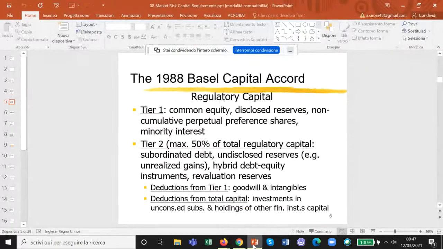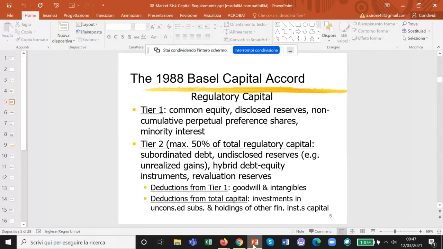And therefore, this is a way to protect depositors, just as equity is, okay? So subordinated debt, like other kinds of hybrid instruments which stand between equity and debt, were allowed to be included in Tier 2 capital, okay?